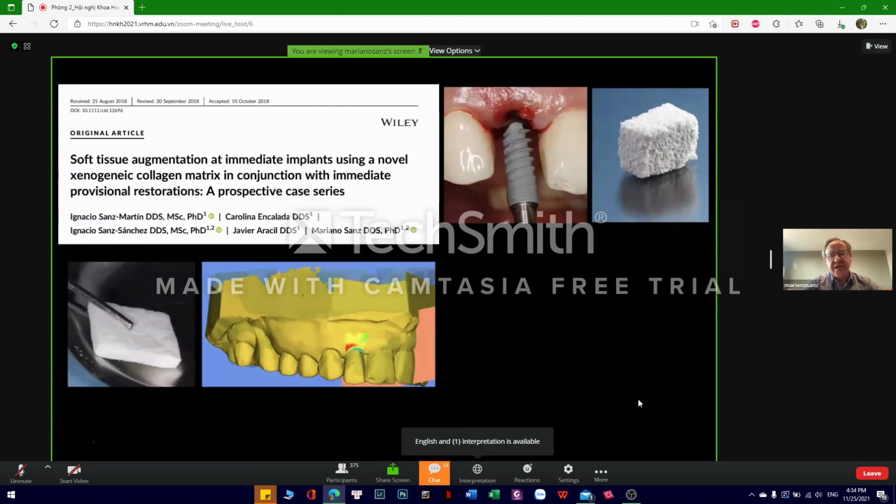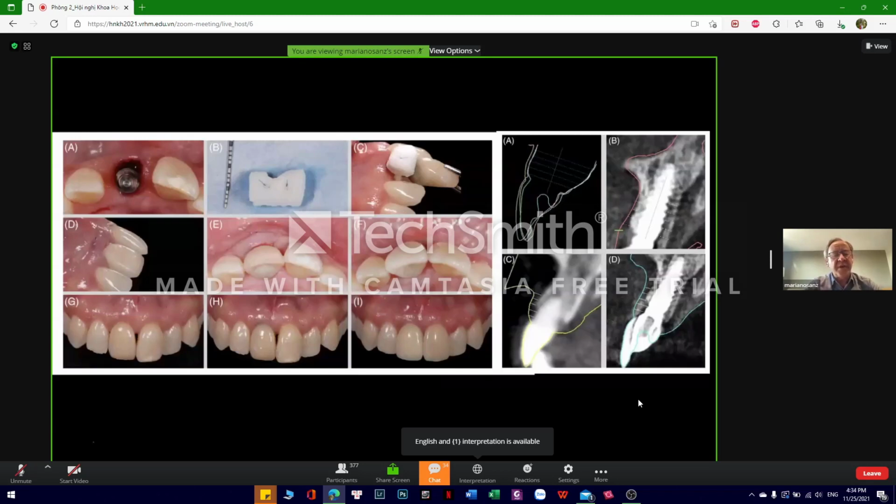Well, basically, we published about 3 years ago a paper where we adapted the immediate implant technique to use soft tissue substitutes, and we evaluated the amount of hard and soft tissue compensation that we attain by placing a xenogenic bone substitute together with a collagen matrix soft tissue substitute.